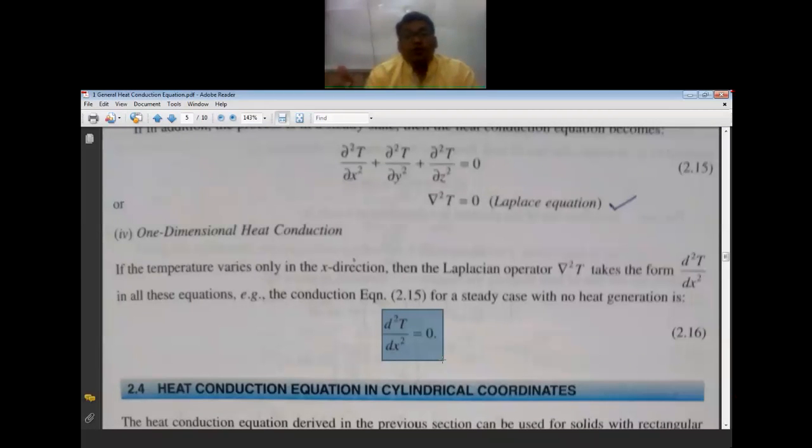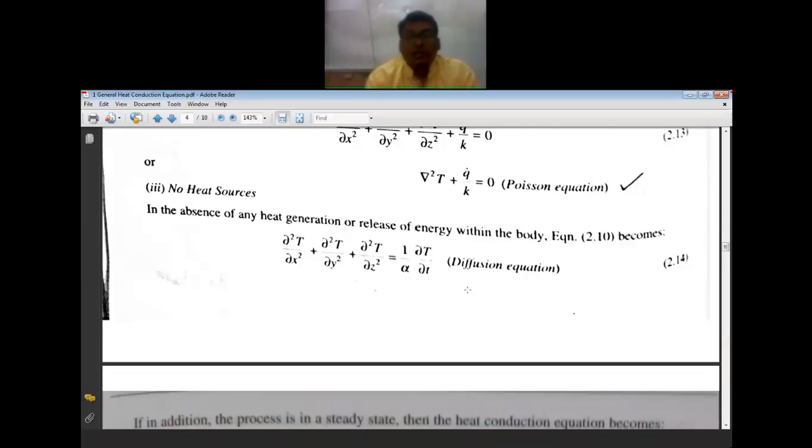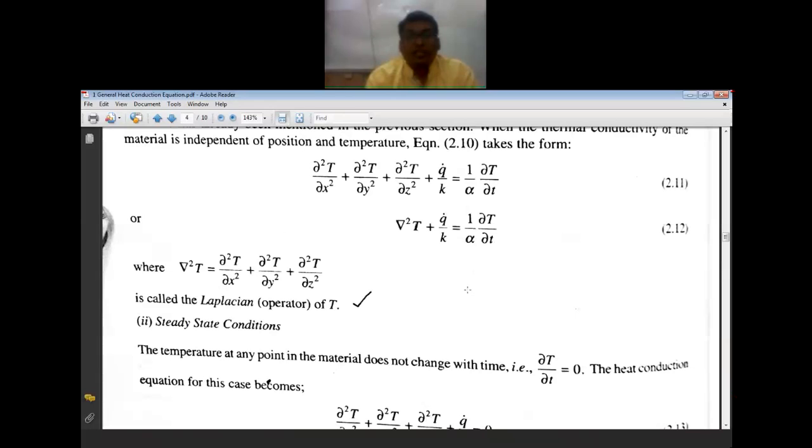Now one by one we are going to add the terms, such as the unsteady state and the heat generation term. Then our equation will have the individual terms added. So this is the general heat conduction equation.